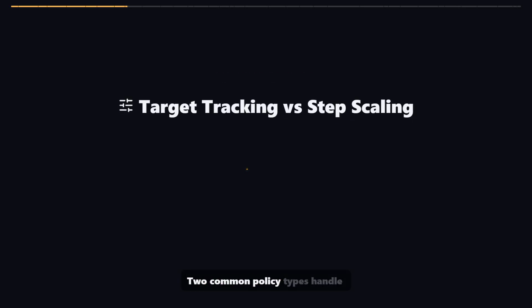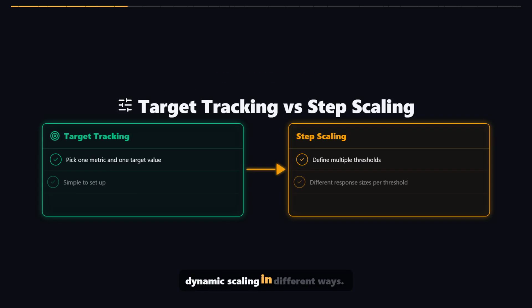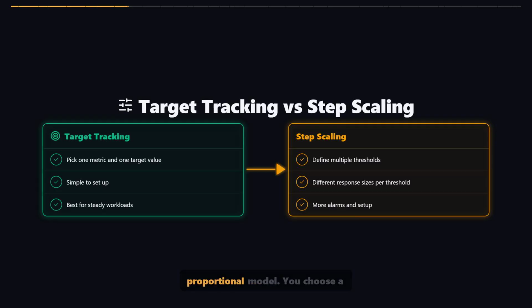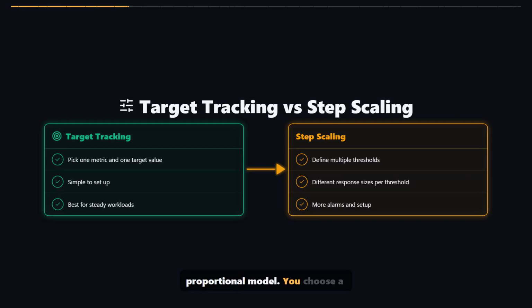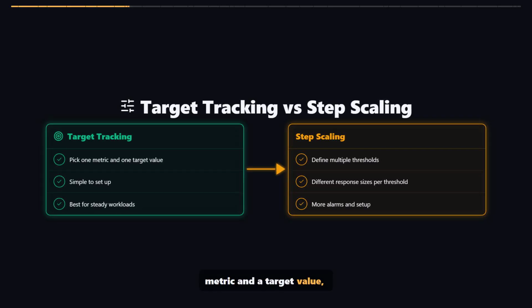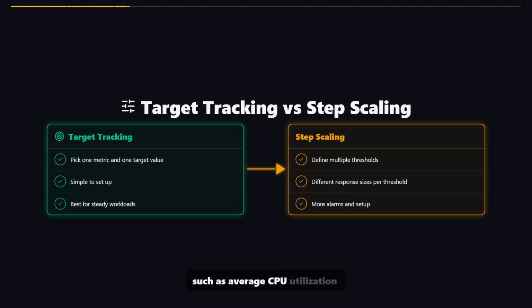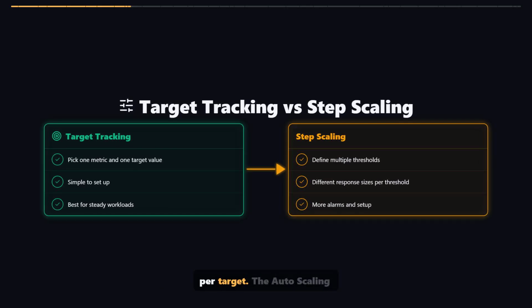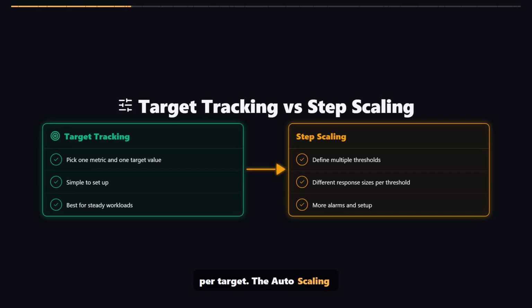Two common policy types handle dynamic scaling in different ways. Target tracking is the simpler proportional model. You choose a metric and a target value, such as average CPU utilization near 50%, or a defined number of load balancer requests per target. The auto-scaling group adjusts capacity to keep the metric near that target.